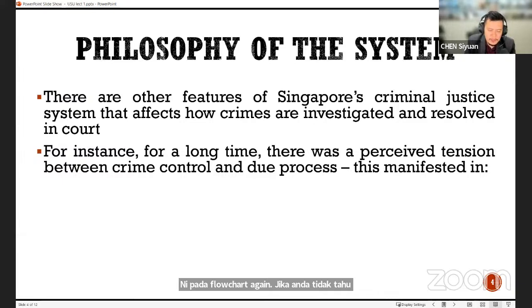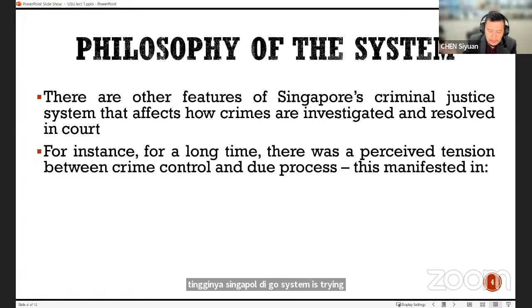I think a good number would say, if our laws are very strict and not very friendly for the accused, but that means that there's greater safety for the people, I think many people would say we will choose safety. And this is not just a very nebulous philosophy. I think there are very tangible expressions of this philosophy, a preference of crime control over due process.